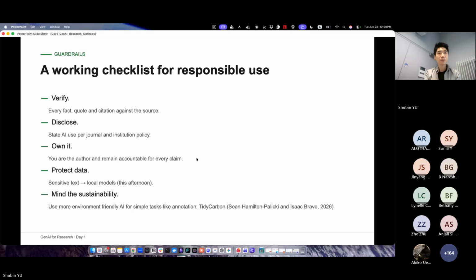Okay. And own it, like you are the author and remain accountable for every claim. So you really need to be careful with, for example, data analysis. Now I use AI to do data analysis, but I always double check. There is always a way to double check.